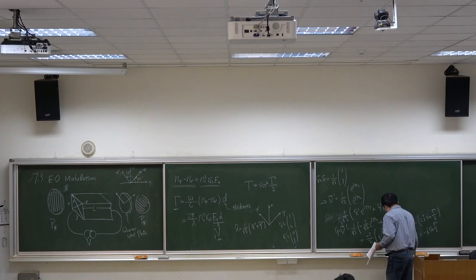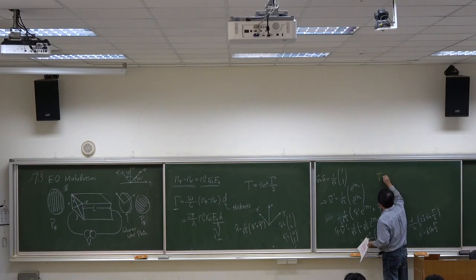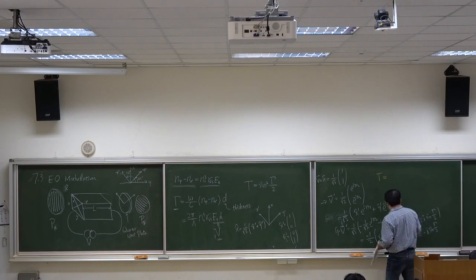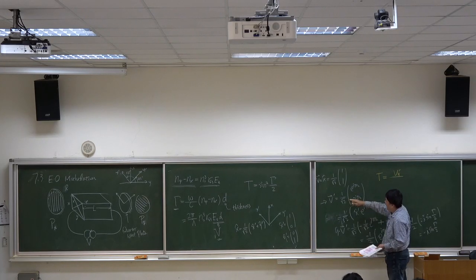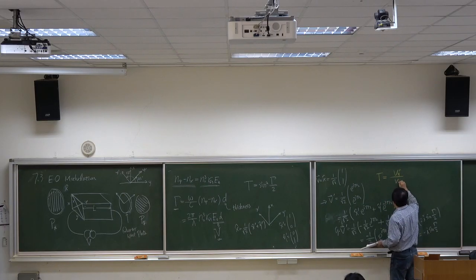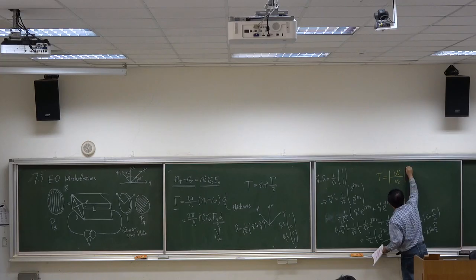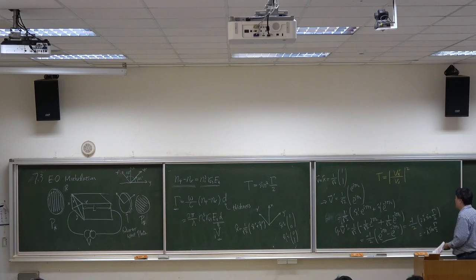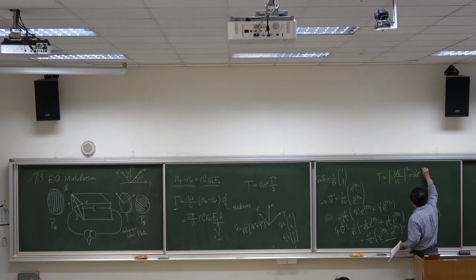So the transmittance is the absolute value of Vy prime over Vx, squared. And this becomes sine squared half gamma.